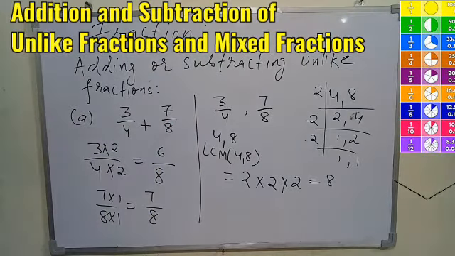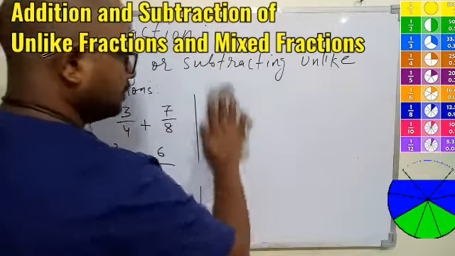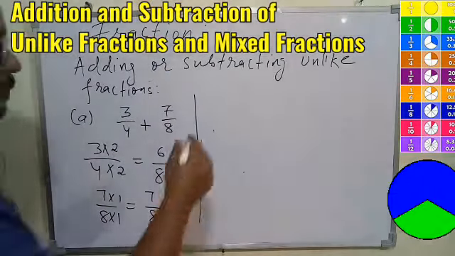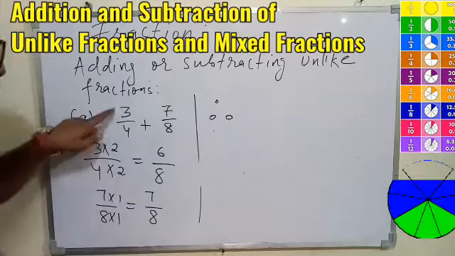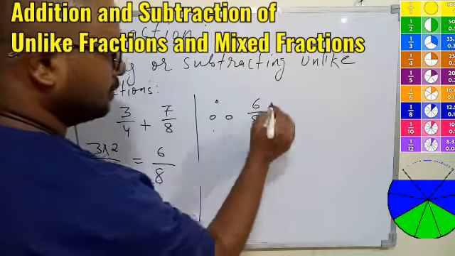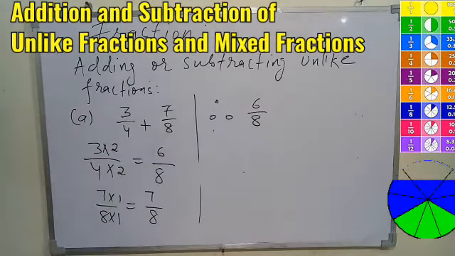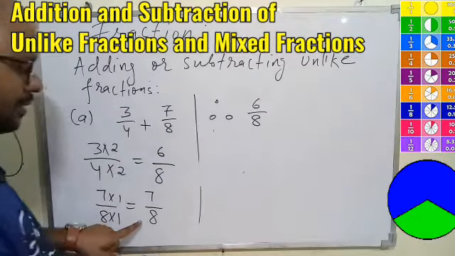We did the same thing, and now they are converted into like fractions. Therefore, in place of 3 by 4 we can write 6 by 8, because 3 by 4 is converted into 6 by 8 and they are equivalent, and 7 by 8 remains 7 by 8.